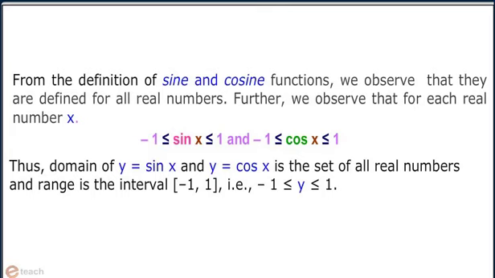Thus, domain of y equals sin x and y equals cos x is the set of all real numbers, and range is the interval [-1, 1], that is, y lies between -1 and 1. Note that both -1 and 1 are included in the interval.